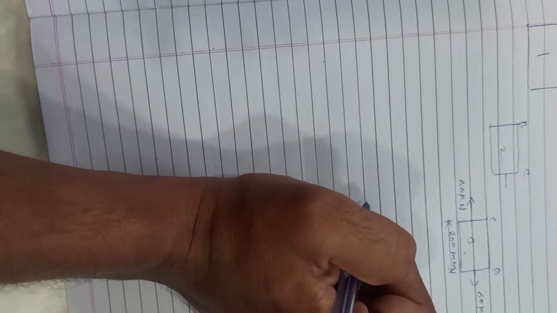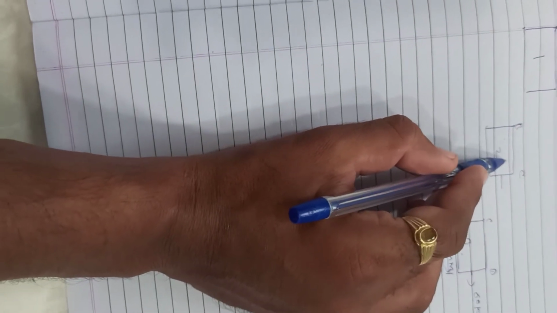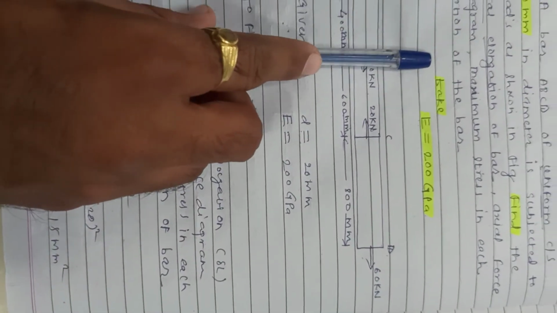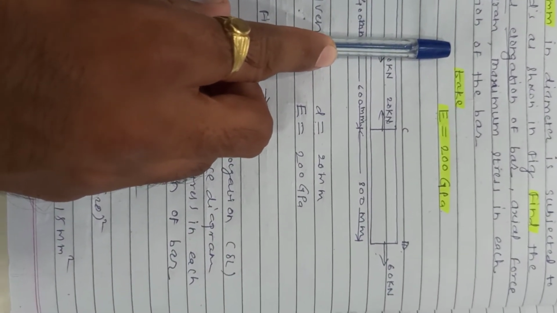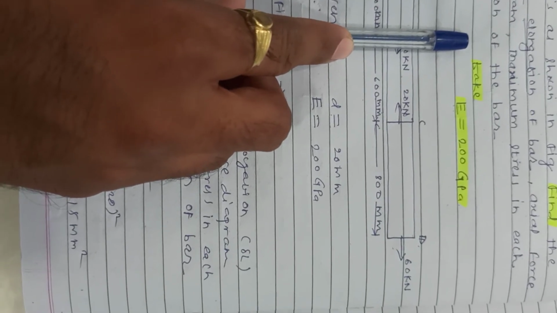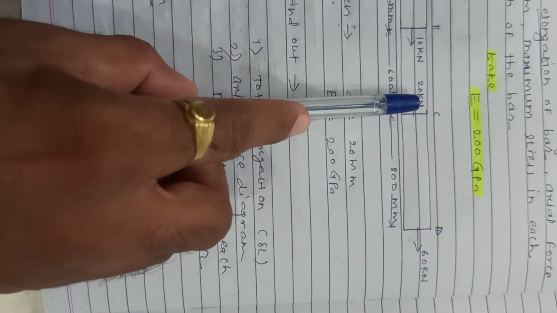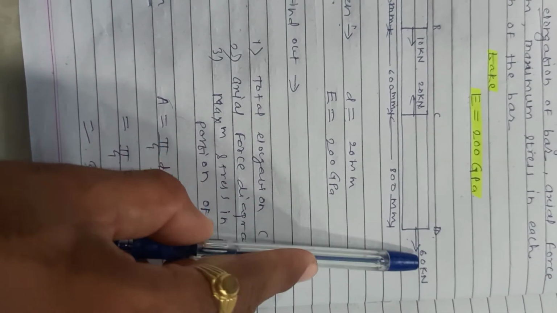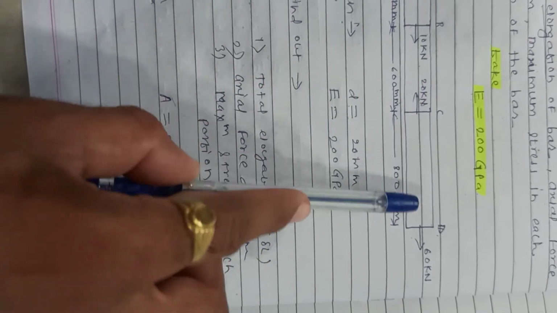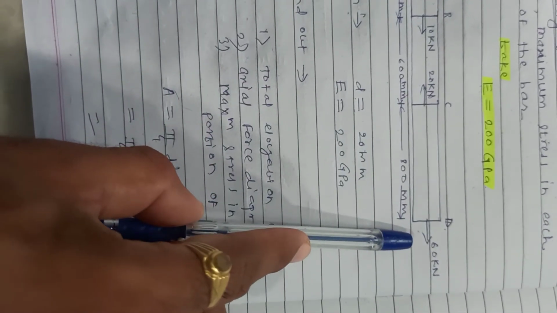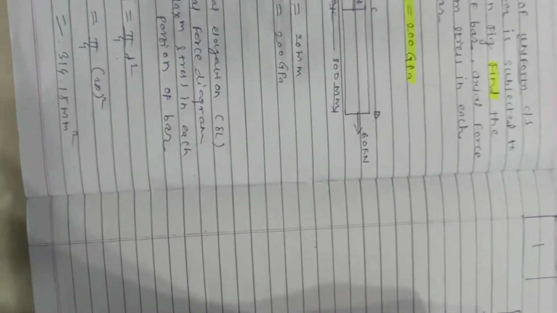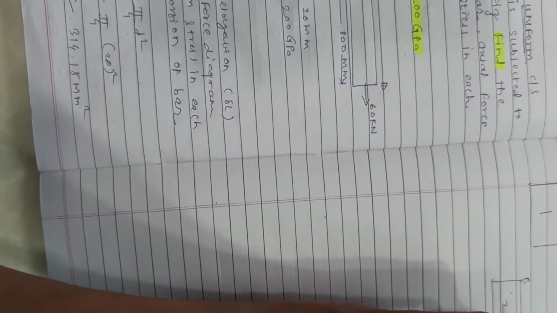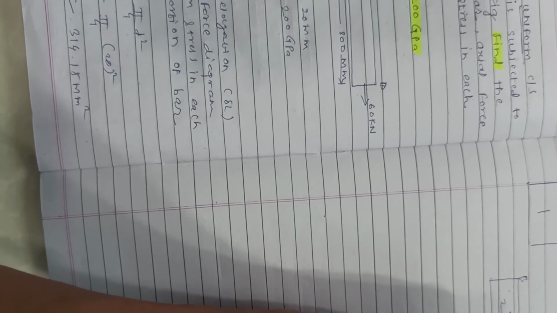Now consider the section BC. To find the forces, we have to keep a hand at section B and consider the forces acting beyond section B to the right side, that is only the forces 20 kilonewton and 60 kilonewton. But 60 kilonewton is acting in this direction and 20 is acting in the opposite direction, so deduct this 20 from the 60. It is 60 minus 20, which is tensile 40.